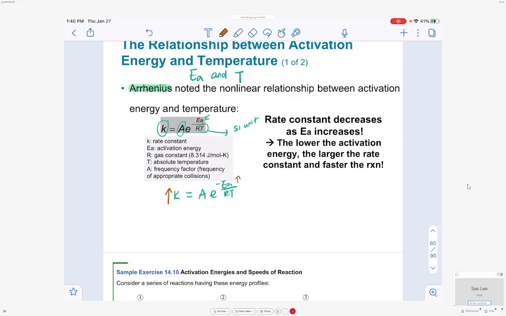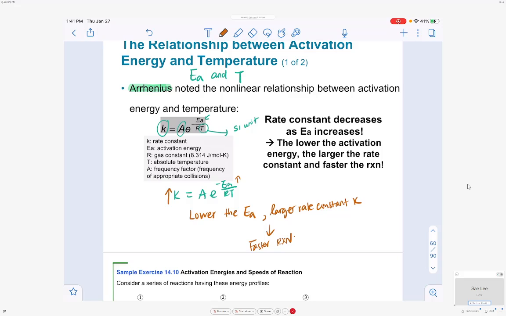Or you can also say that if you lower the activation energy, the rate constant k will become larger, and this allows a faster reaction.